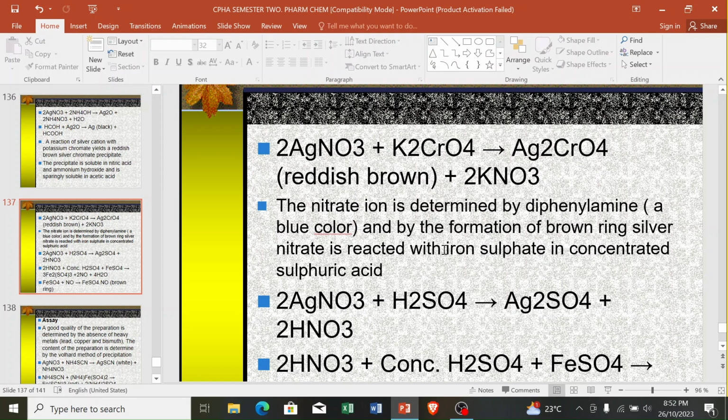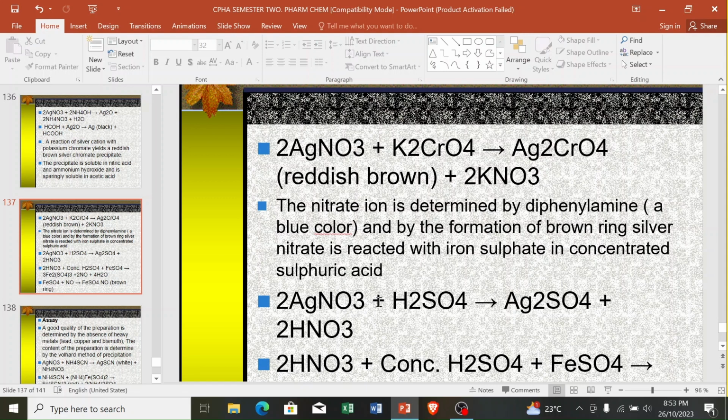And then when we are asked to test for nitrate ions, we have been given something here on how we test. One of the reagents we use here is diphenylamine, and then the other, we are going to see formation of a brown ring when we react our nitrate solution with sulfuric acid.